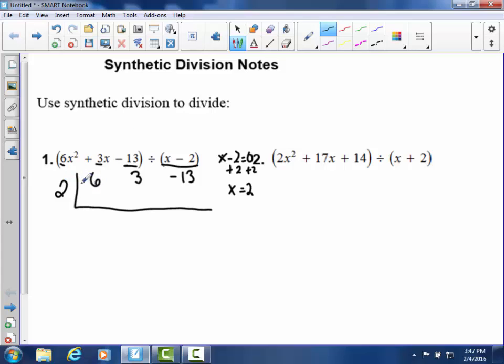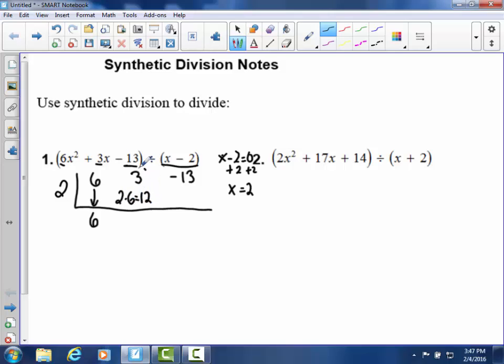Alright, so we've got everything set up, and this is how it works every single time. The very first number, you just bring it down. Then you multiply it times the number you wrote on the outside. So this would be 2 times 6, which is 12.